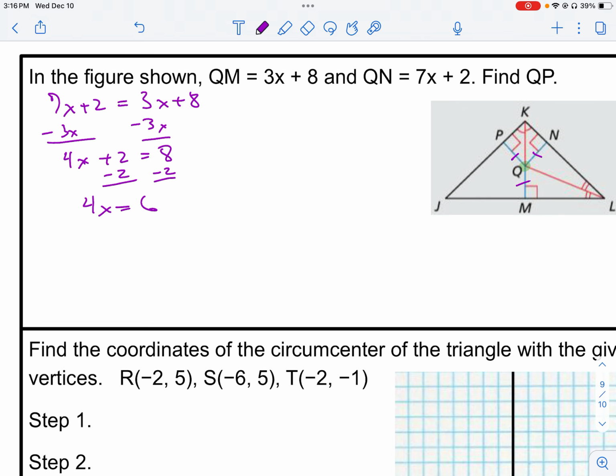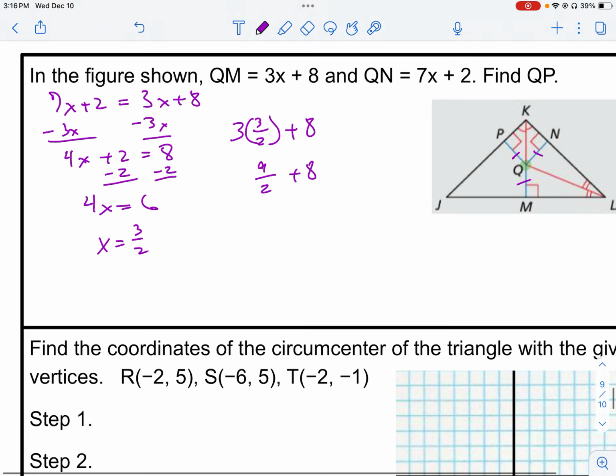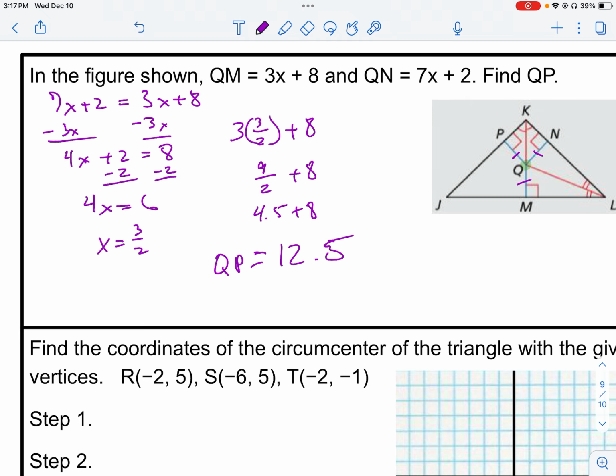So 4x equals 6. x is going to equal 3 halves. So we go 3 plus 8. So we get 9 halves plus 8. 9 halves is 4.5. So QP is going to equal 12.5. Yes, we had a fraction, but we're okay with that.